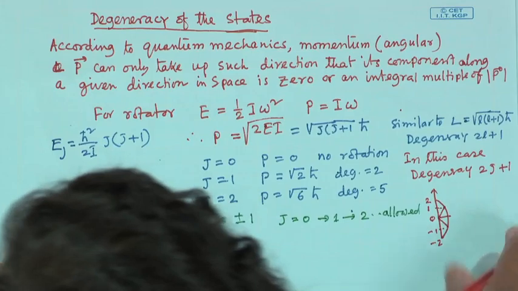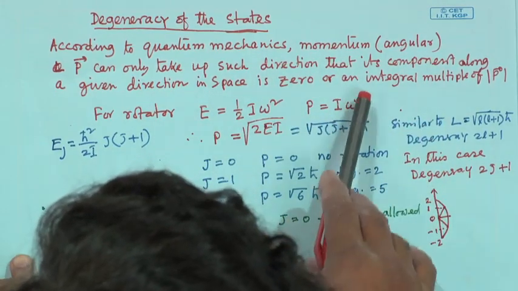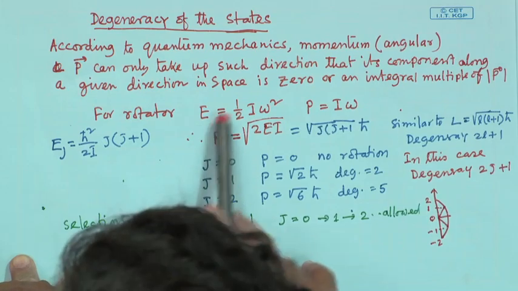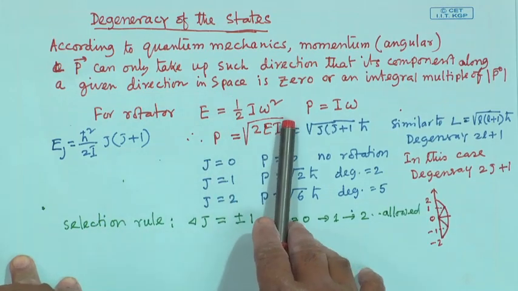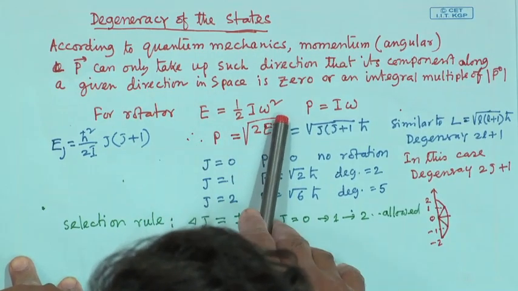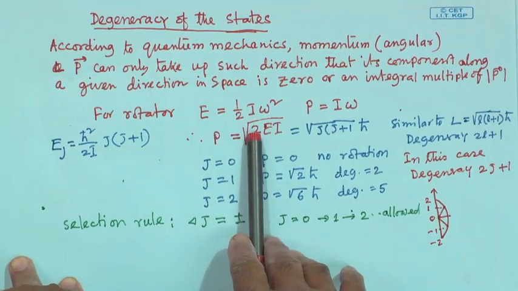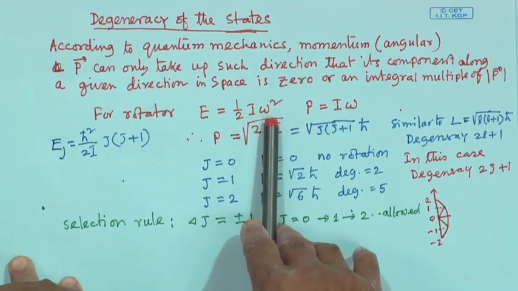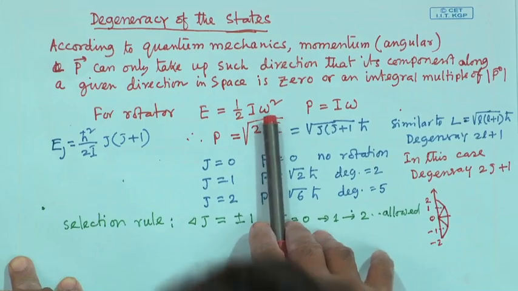Here I have mentioned that for a rotator, the energy E equals half mv squared, the kinetic energy. Here m is replaced by I, the moment of inertia, and v is replaced by omega, the angular velocity.